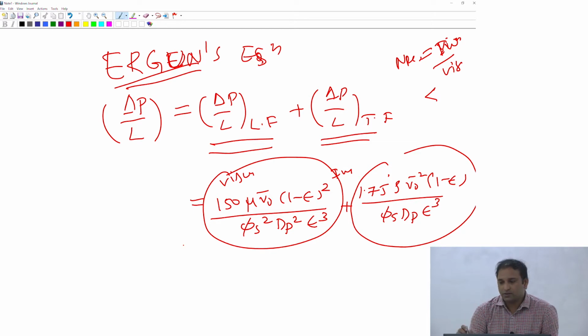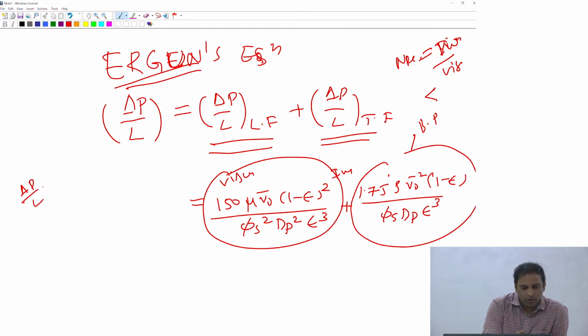Now, if you look at this Burke-Plummer equation, I can rearrange it a little bit. Delta p by L is equal to 1.75 rho v naught bar square into (1 minus epsilon) divided by phi s dp epsilon cube.